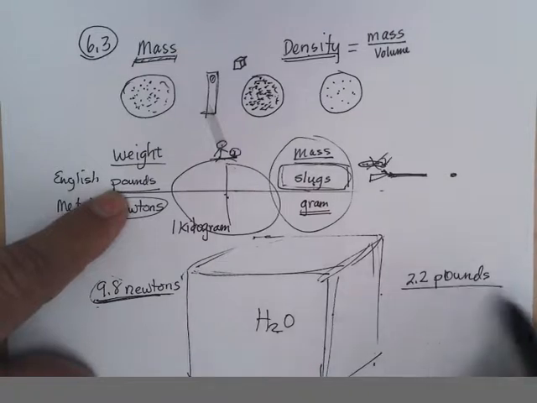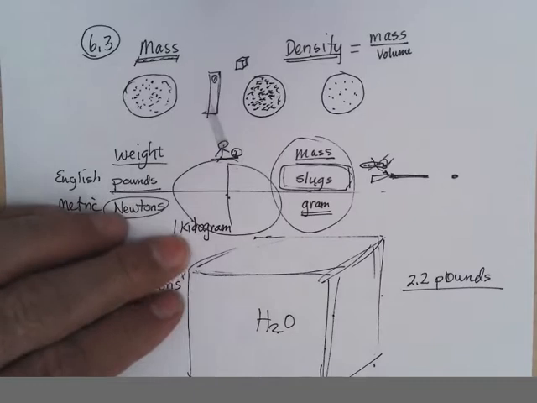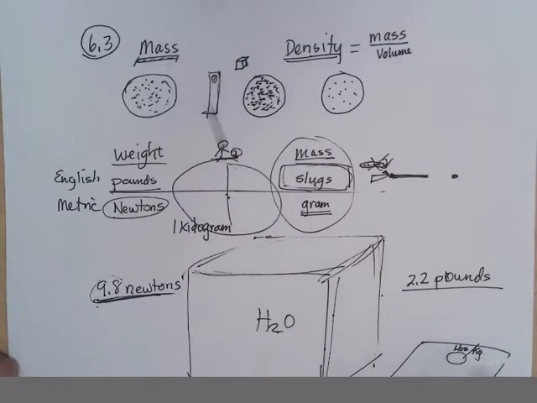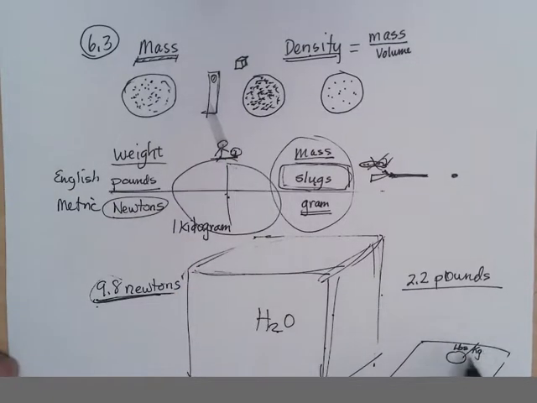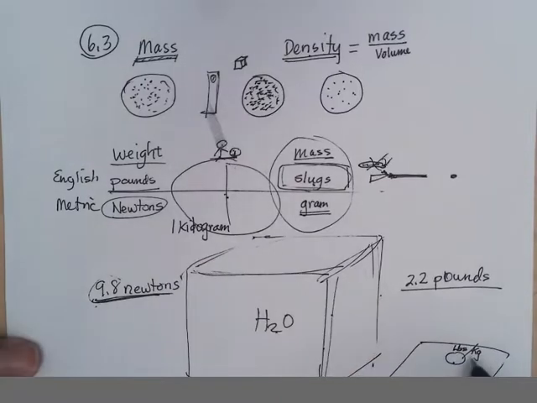Now, some of you have traveled to countries where they measure things in kilograms, and sometimes you can buy a bathroom scale that will say your weight in pounds, lbs, and in kgs, kilograms, and that's a misnomer. Pounds is a measure of force, how much force you're being attracted to the earth.